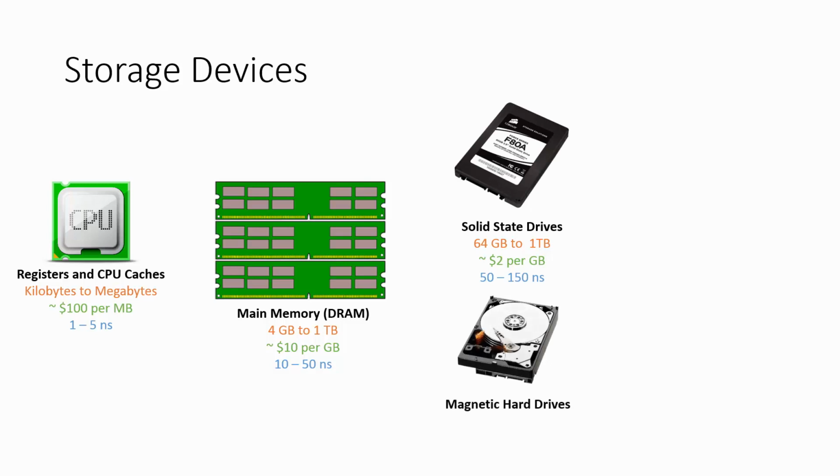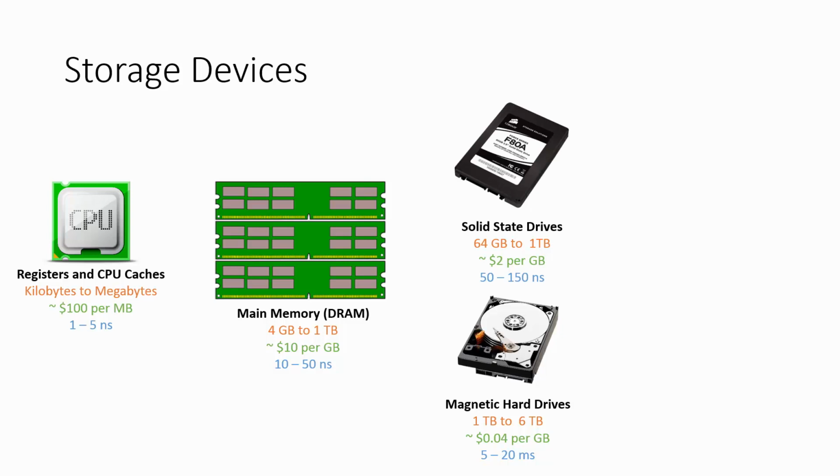Then we have conventional magnetic hard drives, which are slowly losing ground to SSDs as SSDs become more dense and cheaper. But magnetic hard drives are still quite cheap. The minimum size that you get these days is 1 terabyte, and you can get single magnetic hard disks that are up to 6 terabytes.